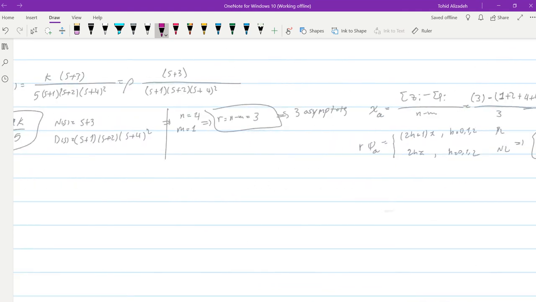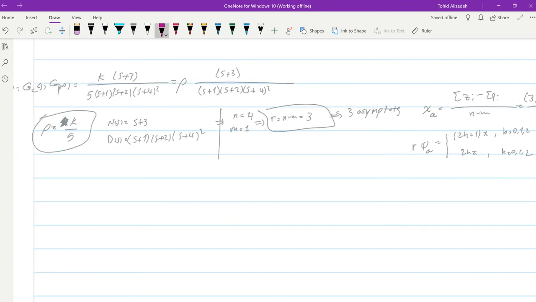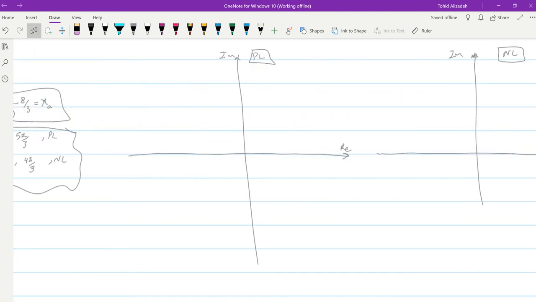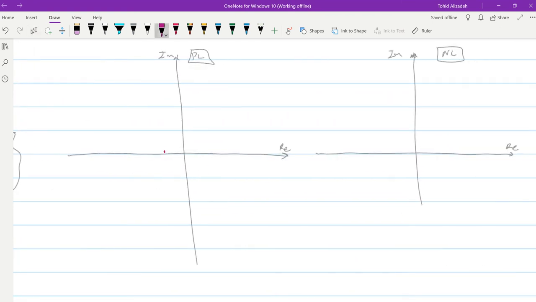We have a zero at minus 3, a pole at minus 1, one at minus 2, and 2 at minus 4. So we'll have 1 pole at minus 1, one at minus 2, a zero at minus 3, and 2 poles at minus 4. Minus 1, minus 2, minus 3, and minus 4.